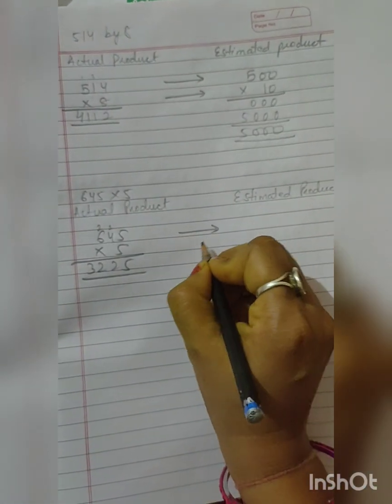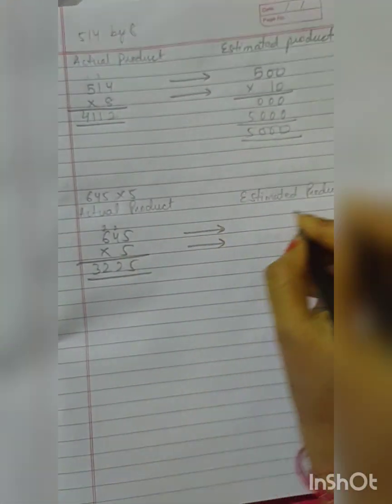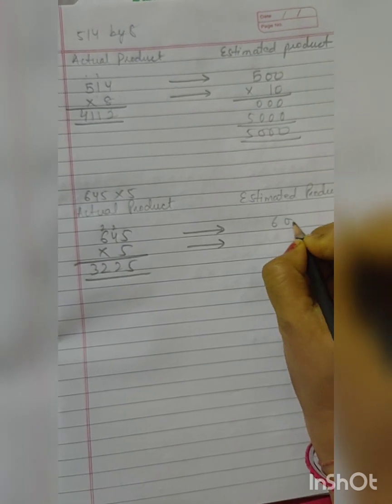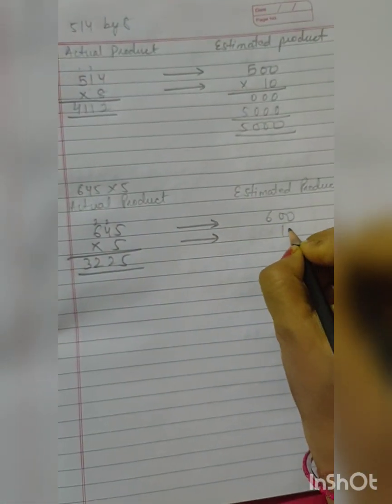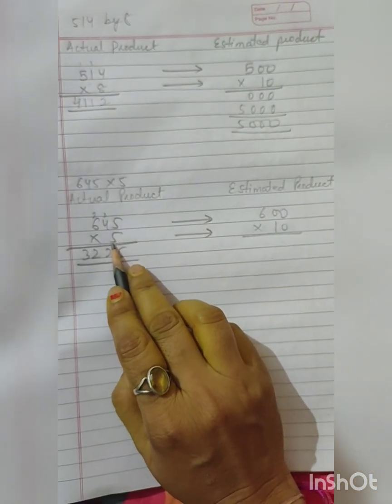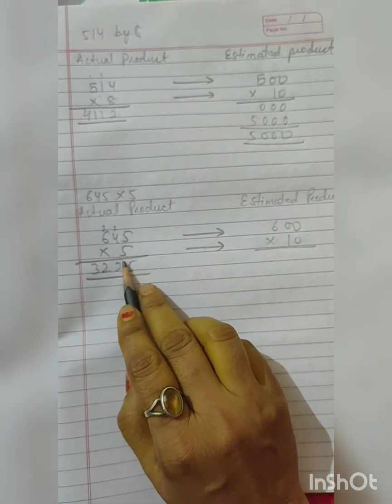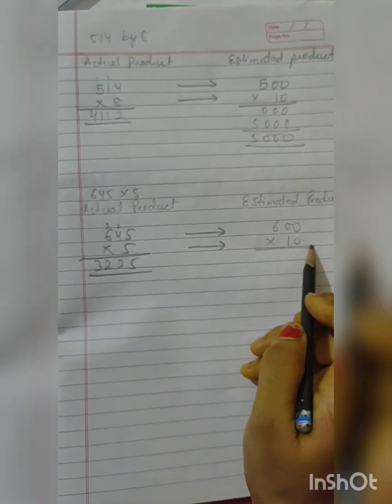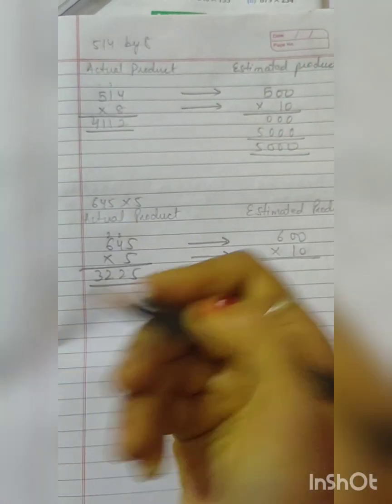Now if we round off these numbers, so 645 becomes 600 and 5 becomes 10, almost double.